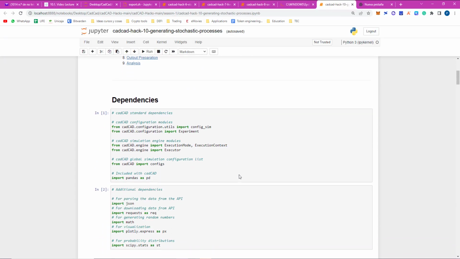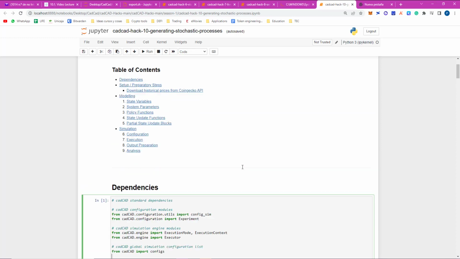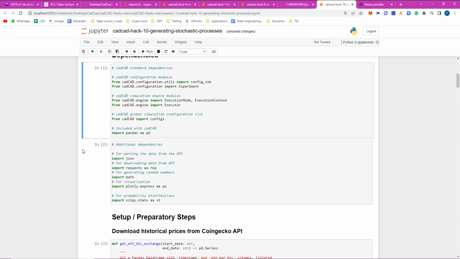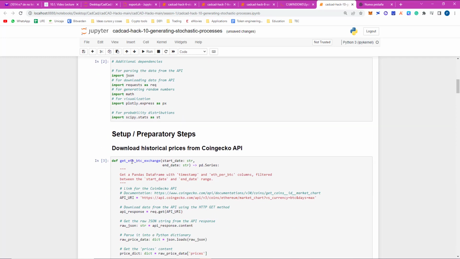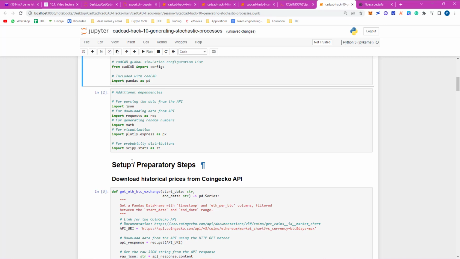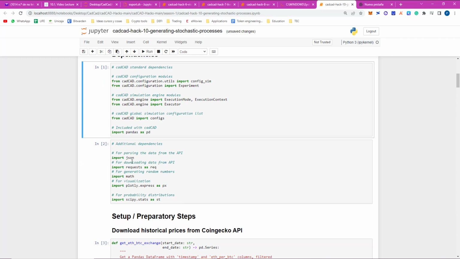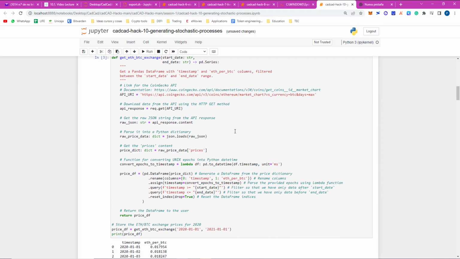This one, I think, is pretty impressive, to be honest, because I still need to grasp how they do it. Basically, they get the same API as before, from CoinGecko. We want to take the comparison between the price of Ethereum and the price of Bitcoin over time, which is again the same thing.